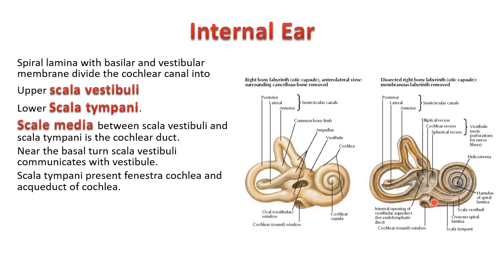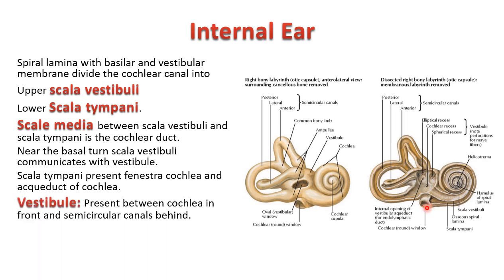The bony spiral lamina turns downwards and closes the scala tympani, and you have the fenestra cochlea, or the round window.